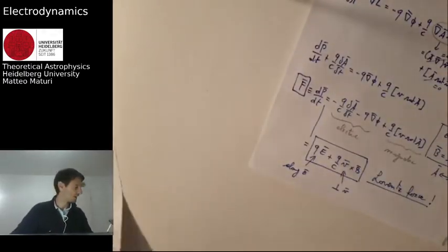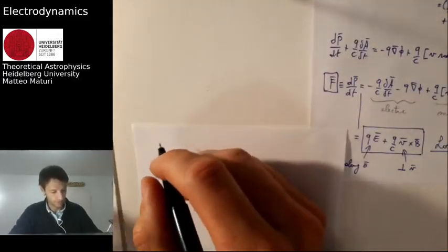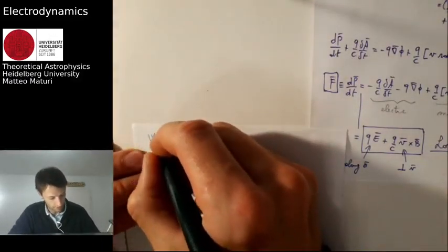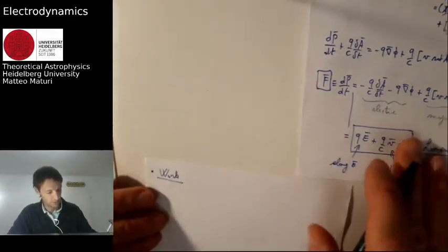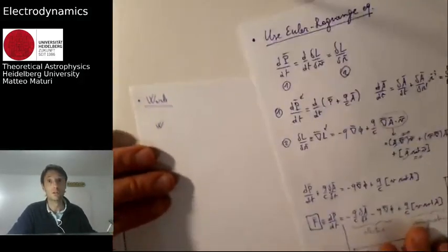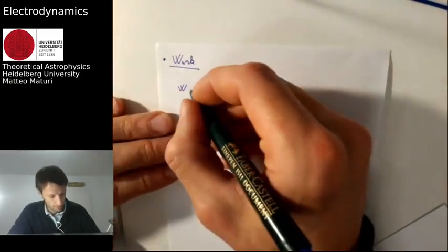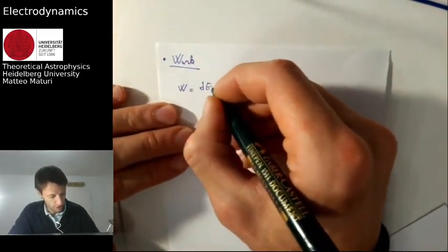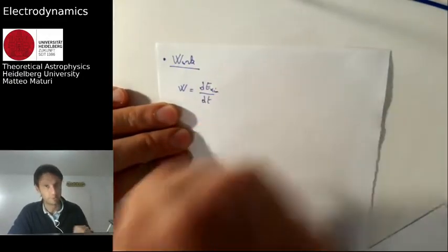Then what we can also derive is the work. That's a very easy derivation as well. So now that we have the force, we can derive the work, which is equal to the change in the kinetic energy with respect to time.